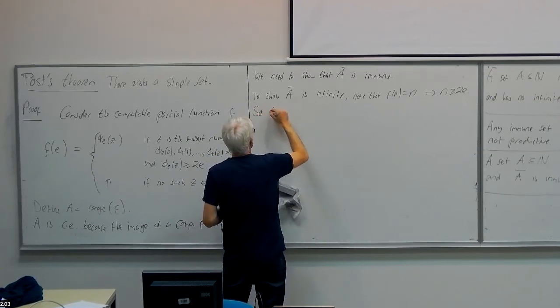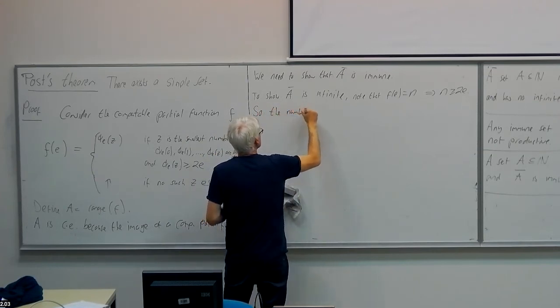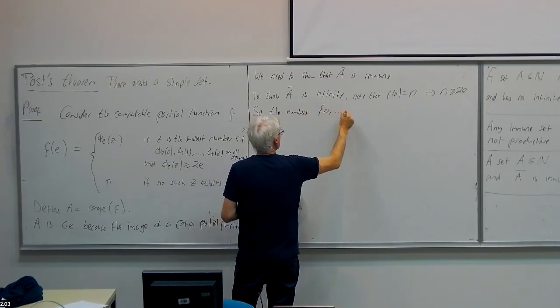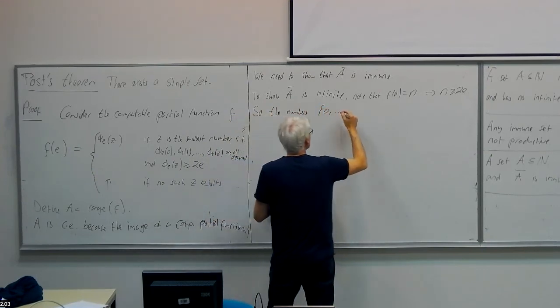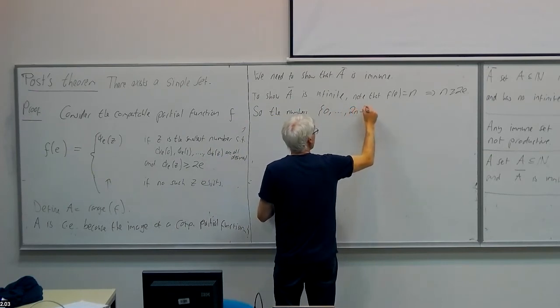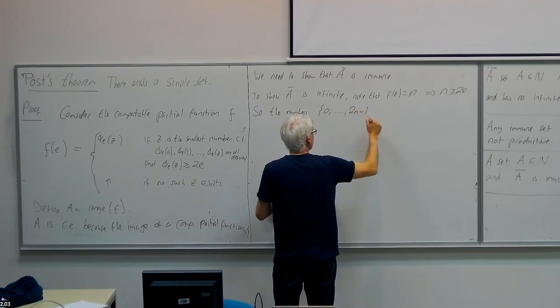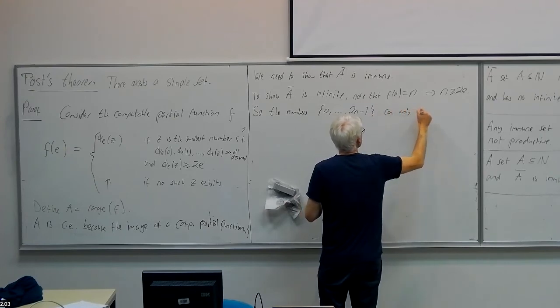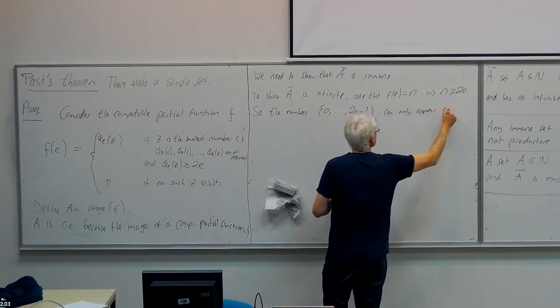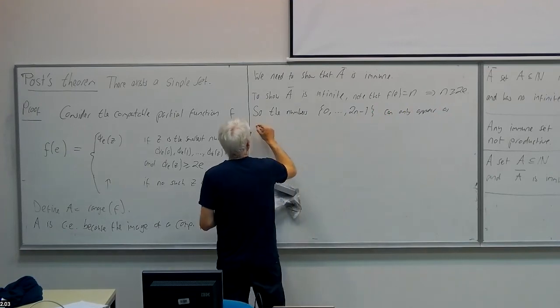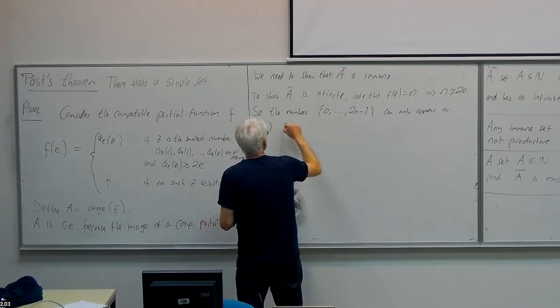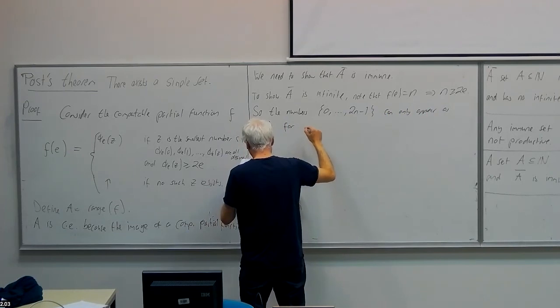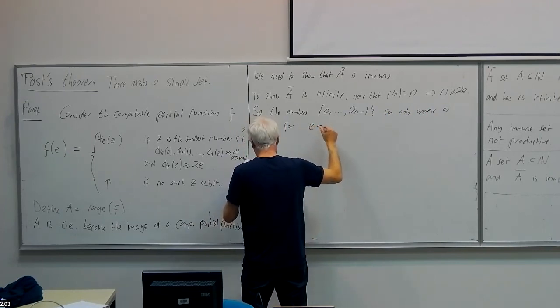So in particular, the numbers from 0 up to 2n minus 1 can only appear as f of e for e strictly less than n.